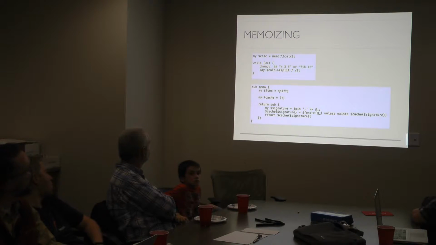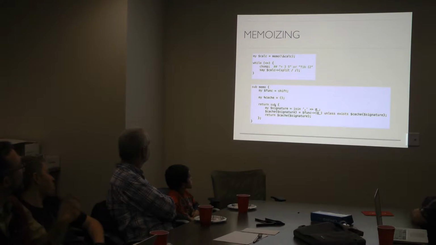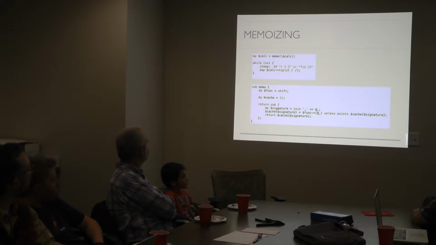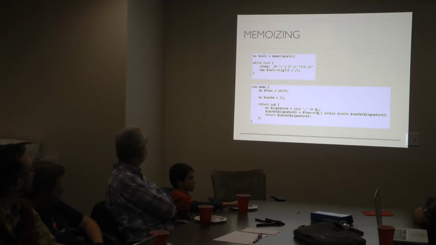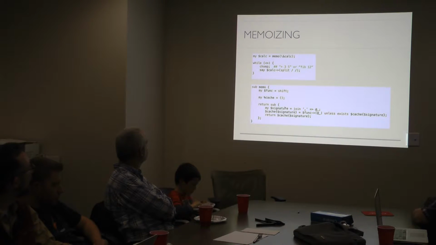Memo works like this. Memo takes a function reference, which is calc. It creates a cache. And then it returns a subroutine. And the subroutine is what's interesting here. What the subroutine does is we're going to be passing it the same arguments we used to pass. So fib 25 or plus 35, whatever that might be. It joins all those arguments, and we call that our signature.